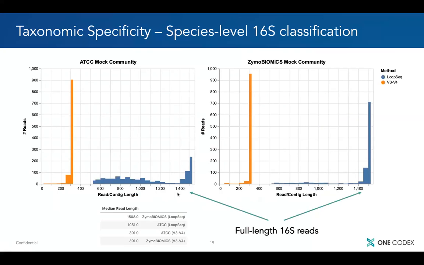And this specificity is effectively a function of read length. So the LoopSeq data is here in blue. The ATCC community is on the left, the Zymo community is on the right. And you can see across both of these, the median of this distribution is at about 1,500 base pairs, or 1,450 base pairs or something like that.